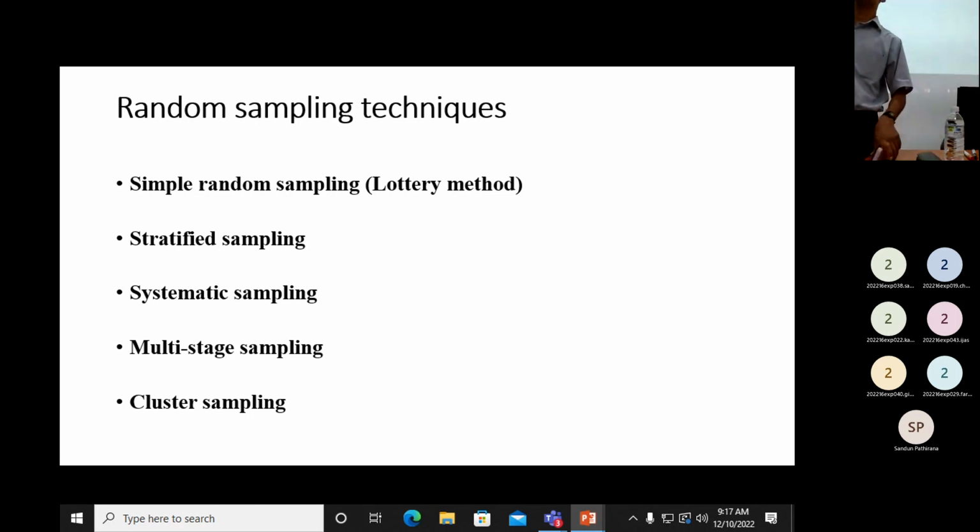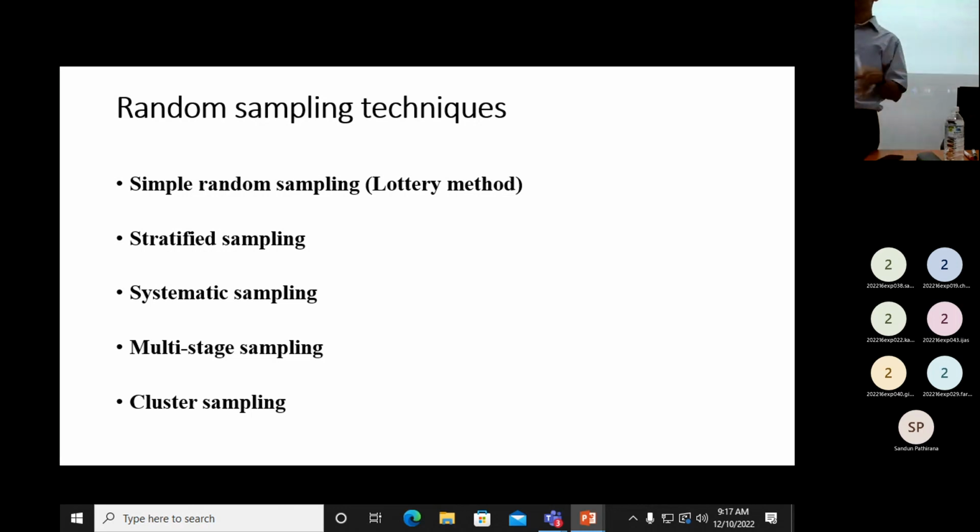Otherwise, you can't apply random sampling technique. Then you can go for convenience sampling or those types of sampling. To apply simple random sampling, a sample frame is required. There should be a document which represents all the items of the population. That is simple random sampling.